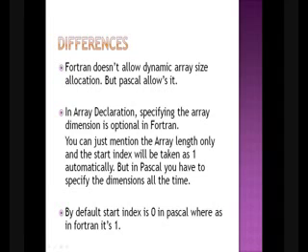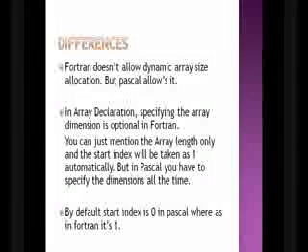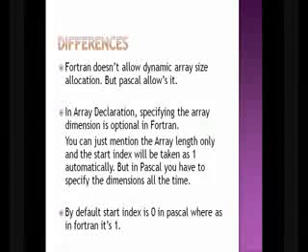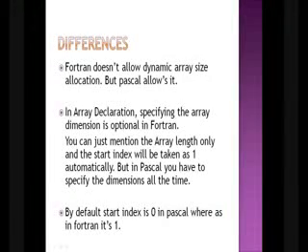Fortran doesn't allow dynamic array size allocation, but Pascal allows it. In array declaration, specifying the array dimension is optional in Fortran. You can just mention the array length only, and the start index will be taken as 1 automatically. But in Pascal you have to specify the dimensions all the time.